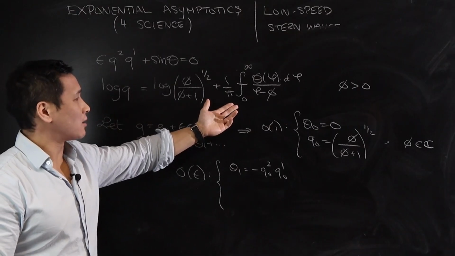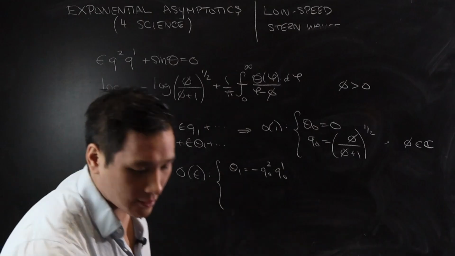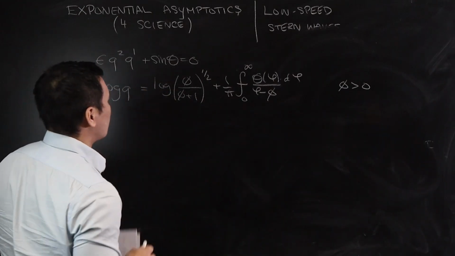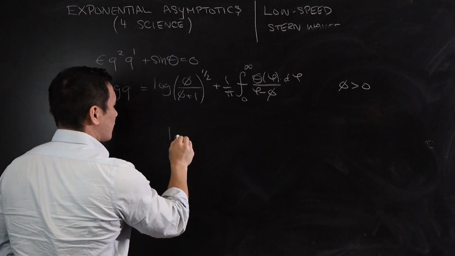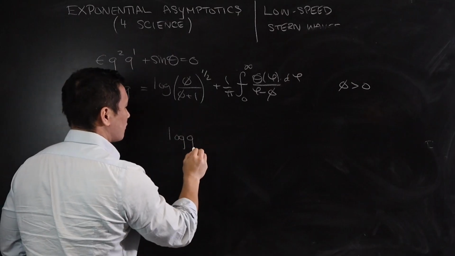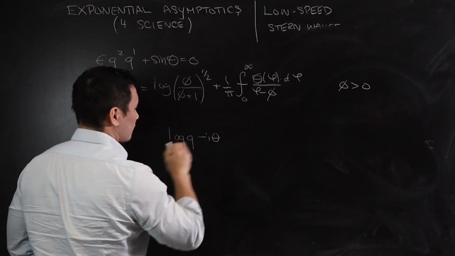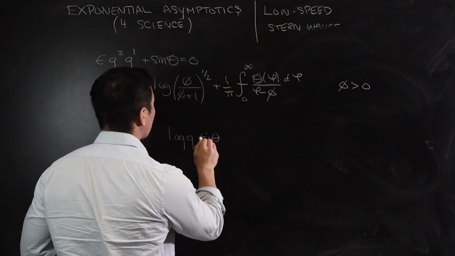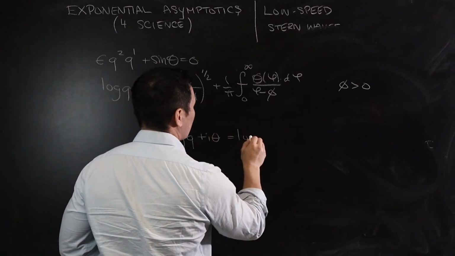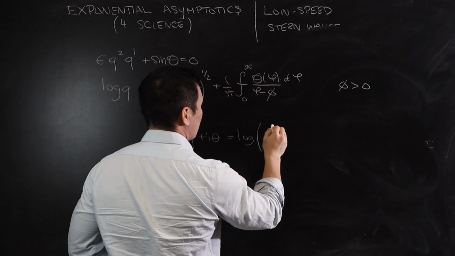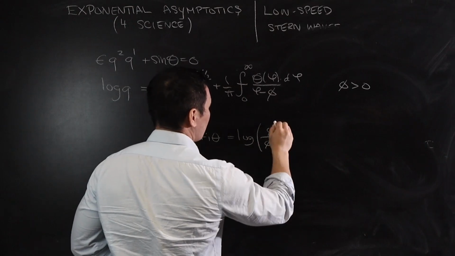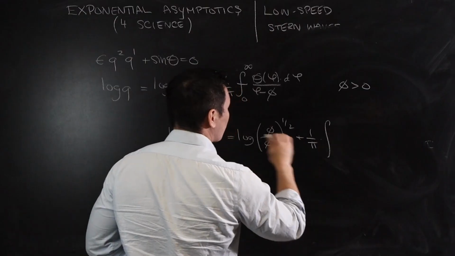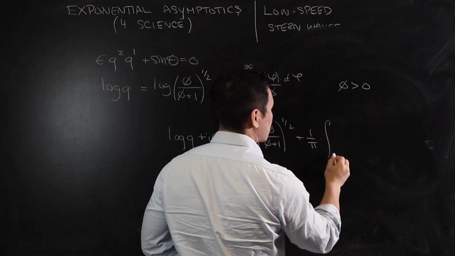But briefly stated, if I take this equation here, and I instead write down log q plus I theta, sorry, it's a plus I theta, is equal to log of phi over phi plus 1 to the 1/2 plus 1 over pi. So I'm just going to write down what looks to be roughly the same set of equations.